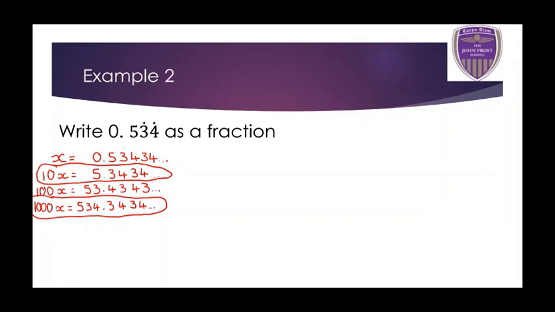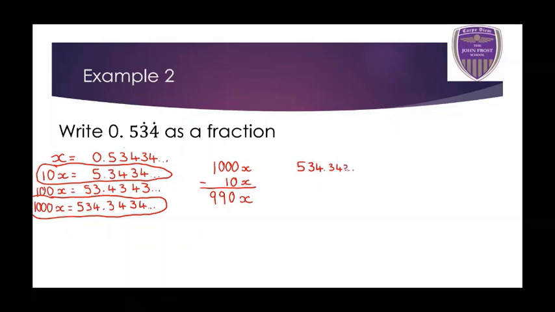Okay, so same method as last time. My biggest x, which is 1000x, I'm going to take away 10x, which will be 990x. Okay, 1000x take away 10x is 990x. 1000x we said was 534.34 recurring.